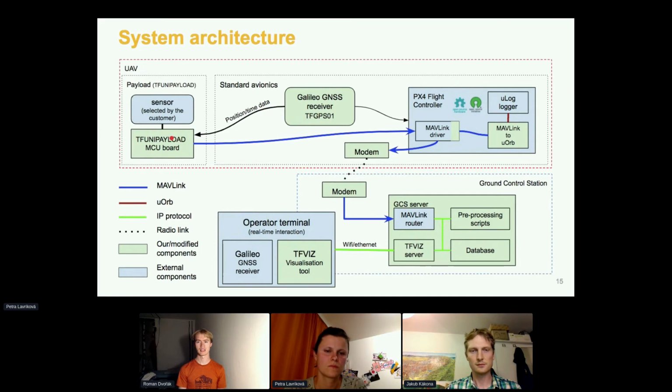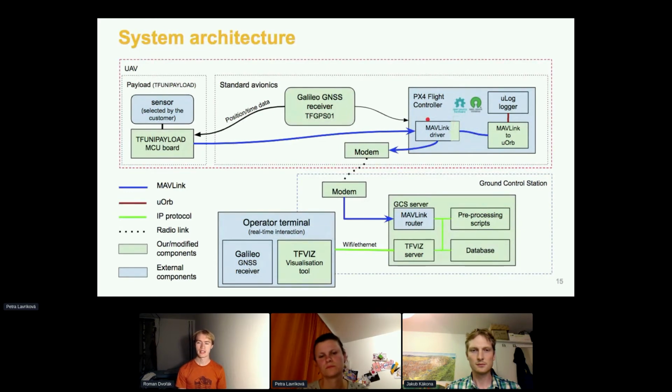In our case, the sensor was an airborne particle sensor, and the TF unipayload board is a universal interface between the I2C sensor and the serial Mavlink connection to the autopilot.